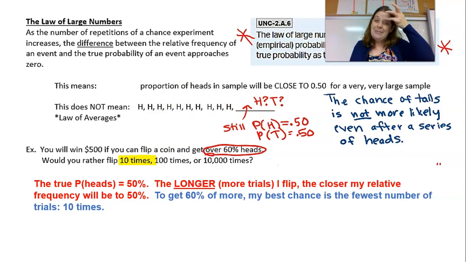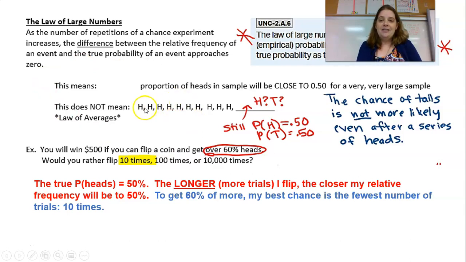What that does not mean is this, and sometimes we humans, we're really bad at math. We talked about how humans are bad at random. Well, we're also bad at probability sometimes because we have this idea that probability kind of owes us something. We all do this. Let's say that I have this string you see in the middle. If I was going to flip a coin repeatedly, it means that the proportion of heads in my sample is going to get close to 50% for a very, very large sample.